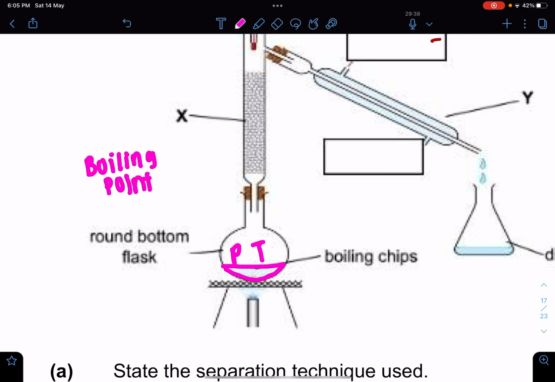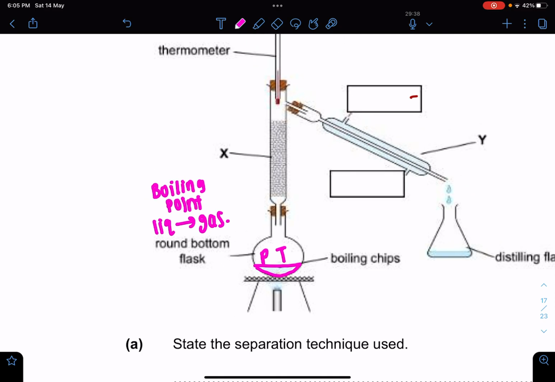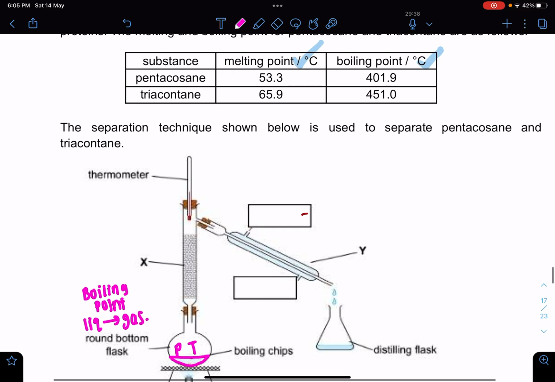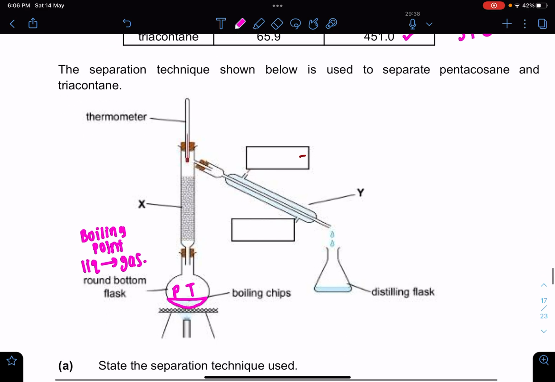Boiling point is where the liquid changes into gas. If we look at the boiling points of these two, we have 401.9 and 451. Logically, if you are heating up the temperature from 37 degrees Celsius, you will slowly reach 401.9 first. This is how we know pentacosane will come out first.